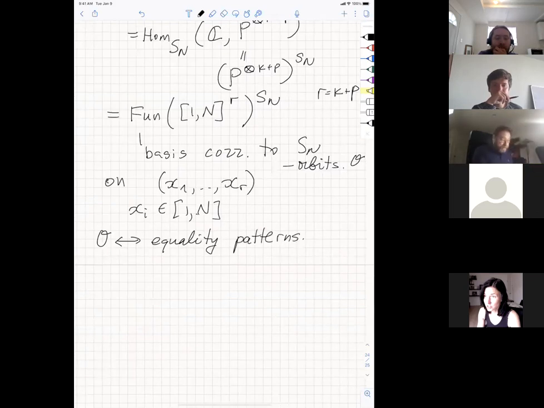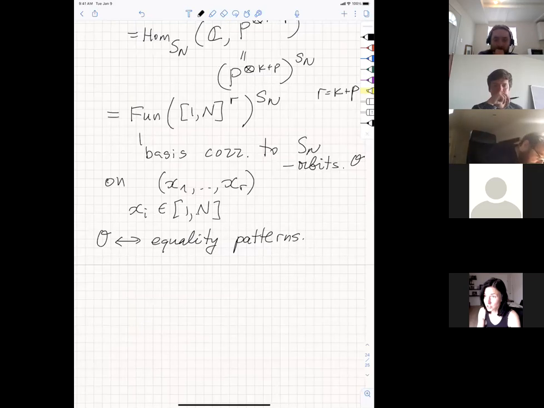So basically, we have elements x1 through xr, and we're allowed to relabel them. The only thing that's left is which elements are equal and which are not equal. This is what I call an equality pattern.